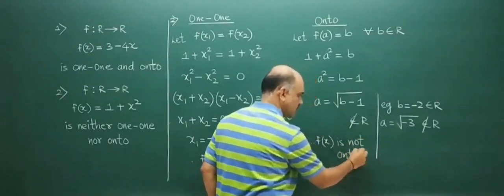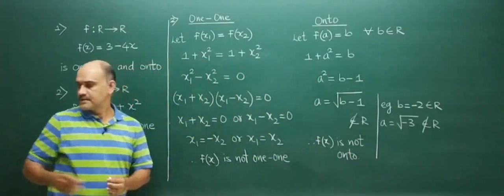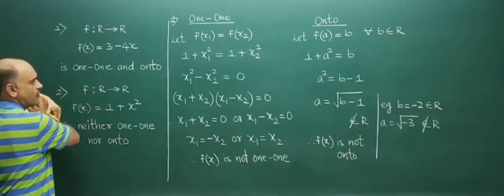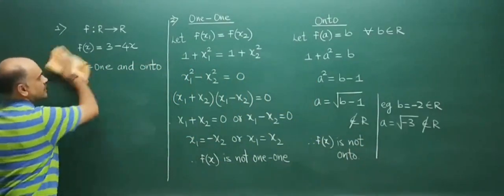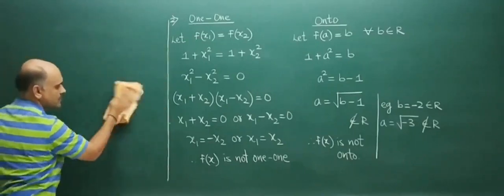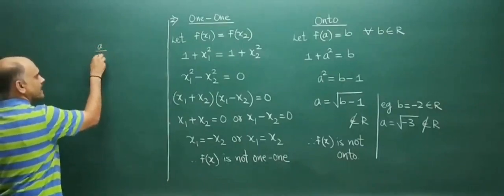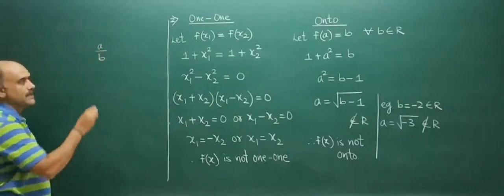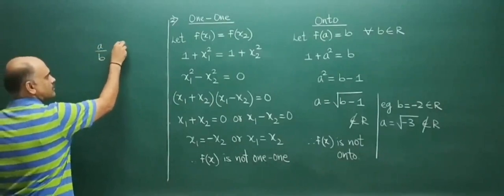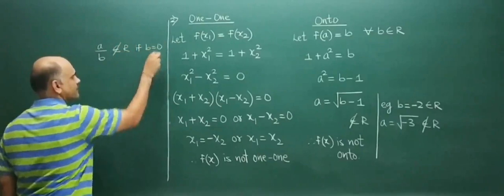Clear, students? So now you can remember these two hints for any real number. A by b does not belong to R if b is equal to 0.